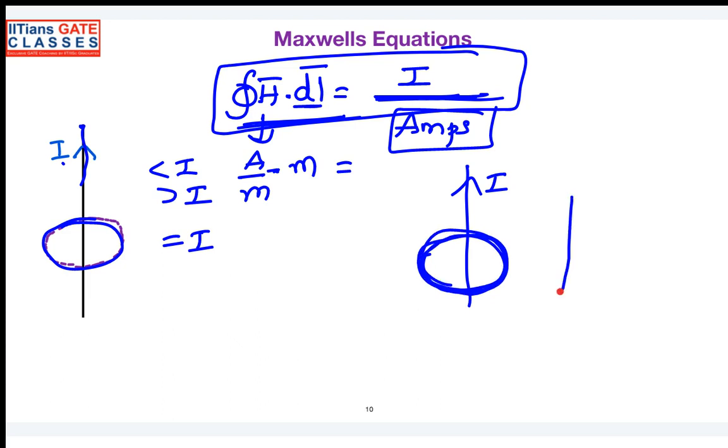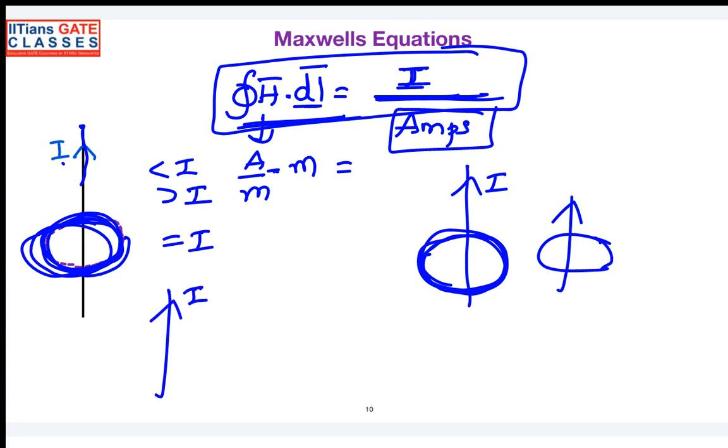You have not taken a small part of it. You have taken a loop which is already closed. That means you are able to capture the magnetic flux one time, right? So since the magnetic flux is completely captured, this is exactly equal to I. Suppose we have a current carrying wire here and you take only this particular surface. In this case, your loop is not closed, which means that your current will be less than I.